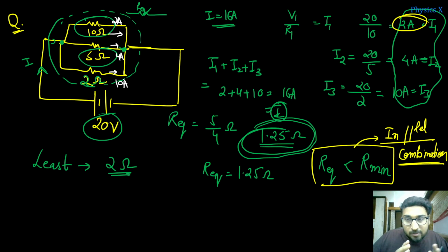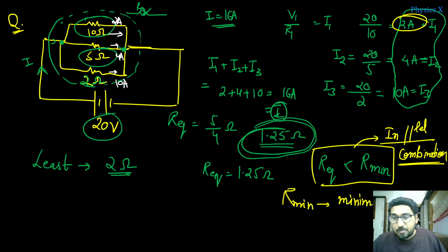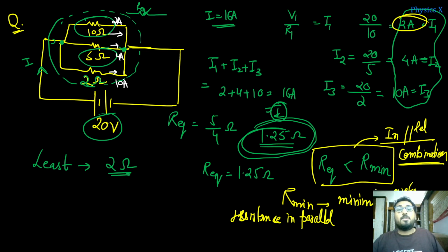The equivalent resistance will be less than the minimum resistance of the combination, where R minimum is the minimum resistance in parallel, the minimum resistor, right? So that is the case.